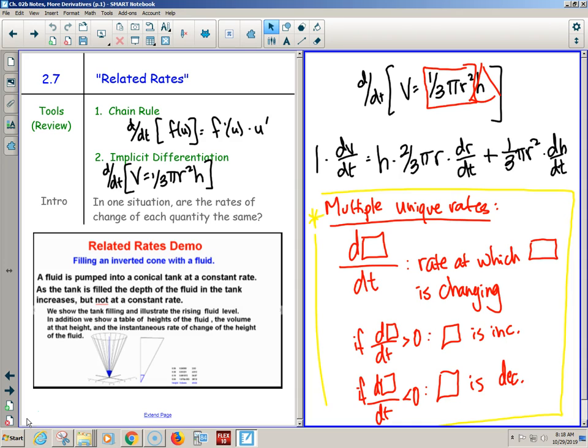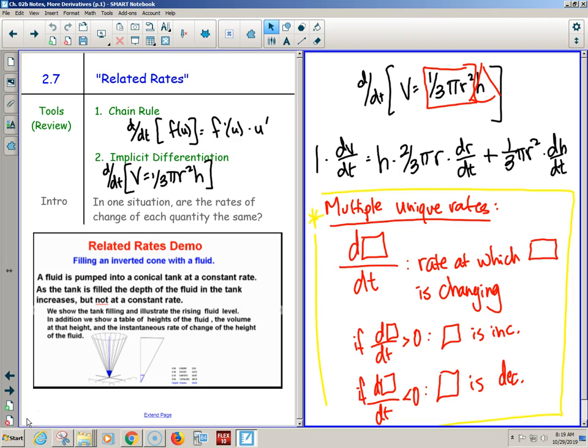So when the water was going in, what rates are going to be positive? Rates that are increasing. What's increasing as the water's going in? Everything, the volume, the radius, and the height, right? Because as the height increases, the radius increases, and the volume is increasing, true? So all of these rates need to be positive numbers.